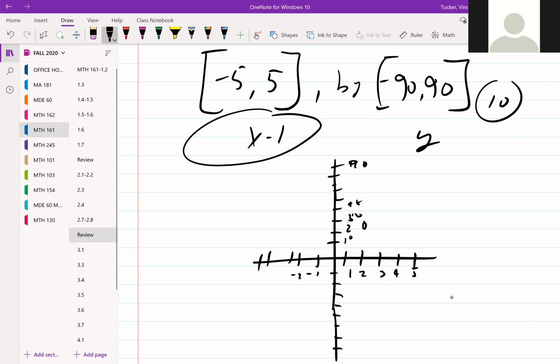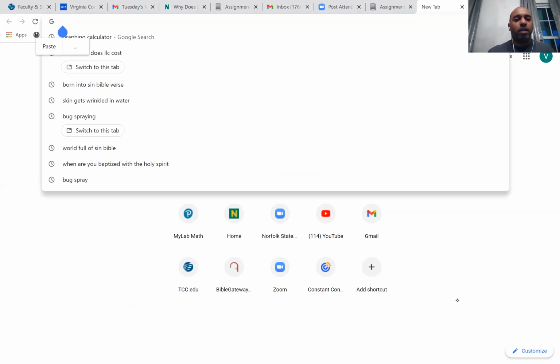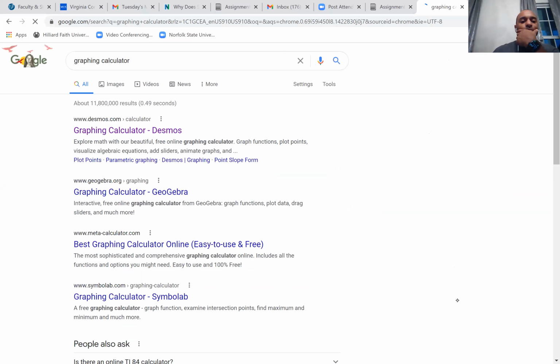And so that's the scale. It's going to 5 on the X, going up to 90 on the Y. If you wanted to get that vision of what they put in MyMathLab, you would have to use that scale. All right. So let's go back and see if the graphing calculator I was using can do that for us.